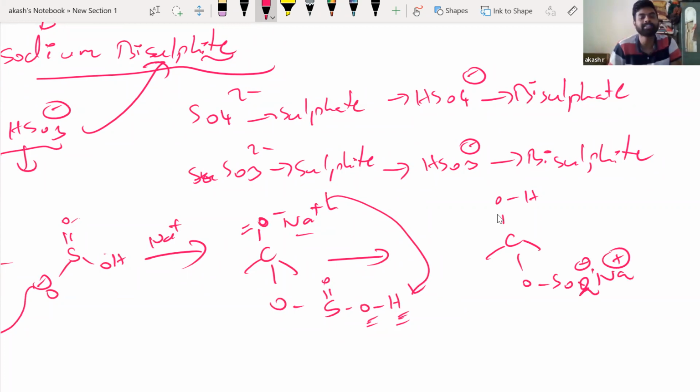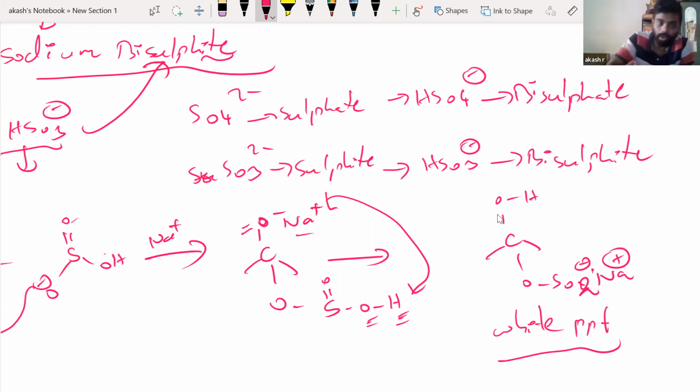Now why are we even studying this? Because this is going to be a white precipitate, very important. When you go for the bisulfite addition, the product formed is actually going to be a white precipitate.